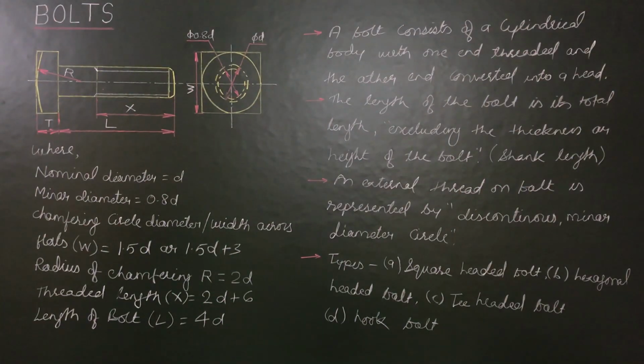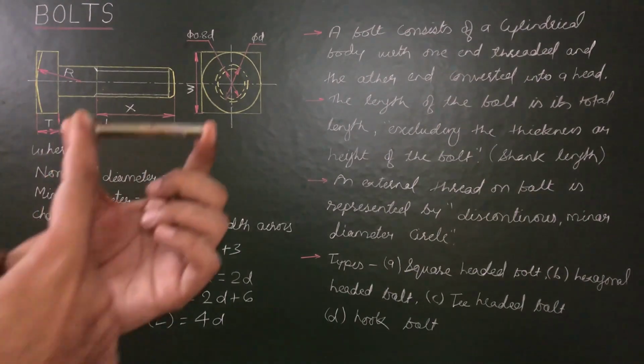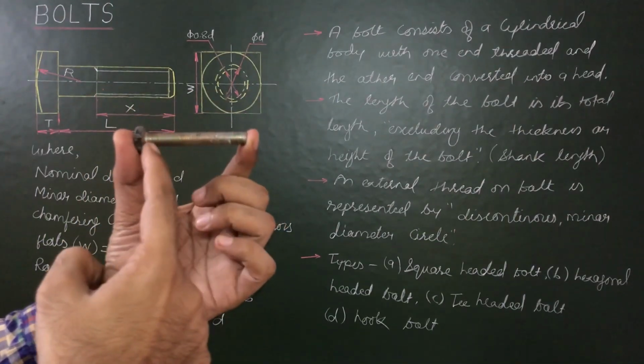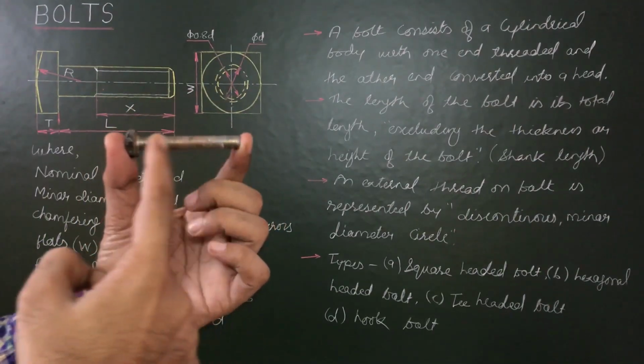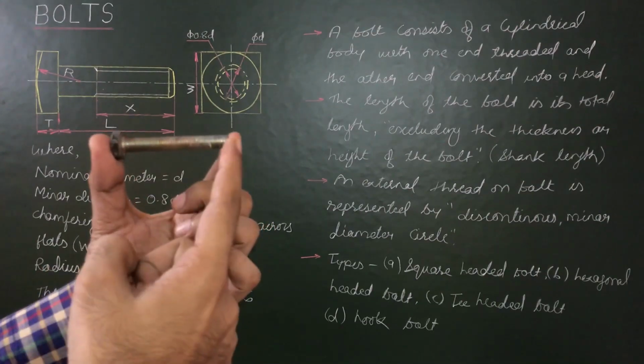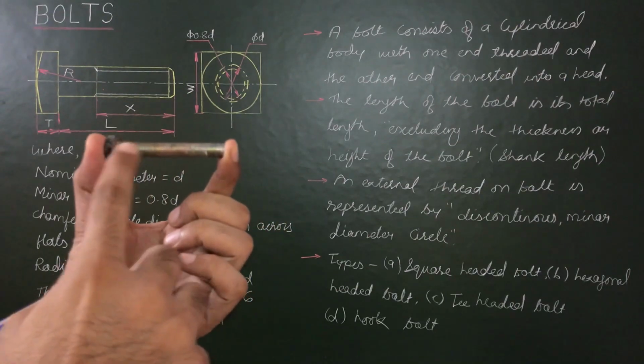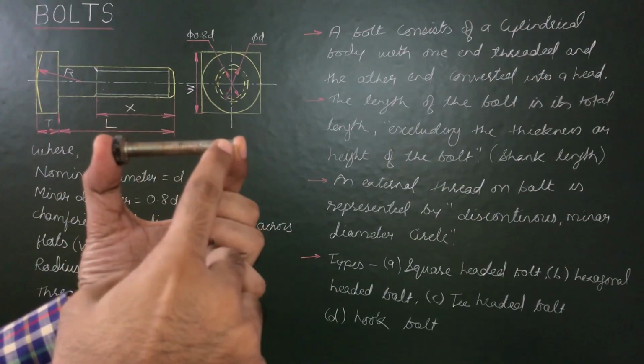Then the length of the bolt is its total length excluding the thickness or height of the bolt head. So in the case of bolts, from this point to this point, after the head, this is the length of the bolt or shank length, or we can just call it length.